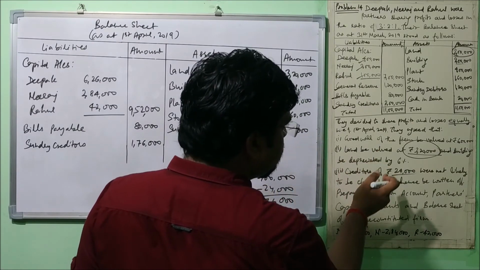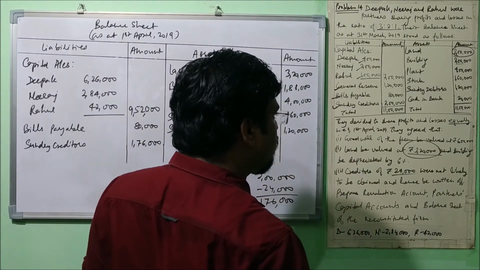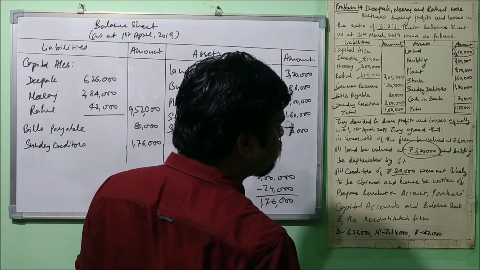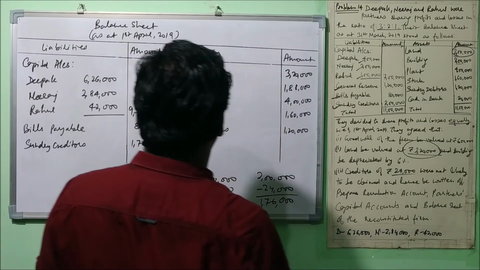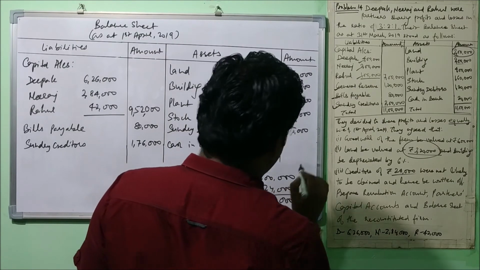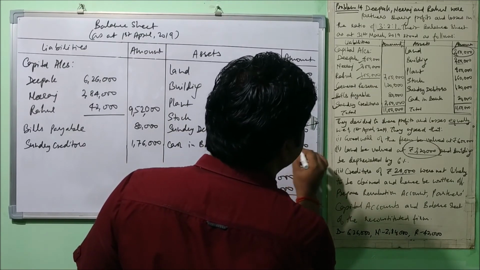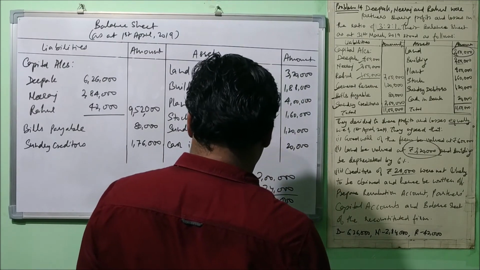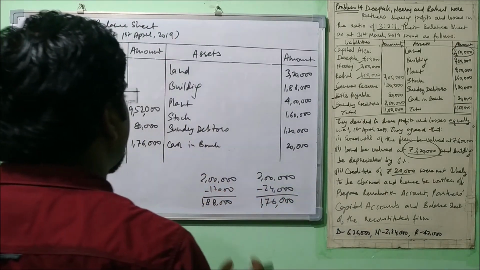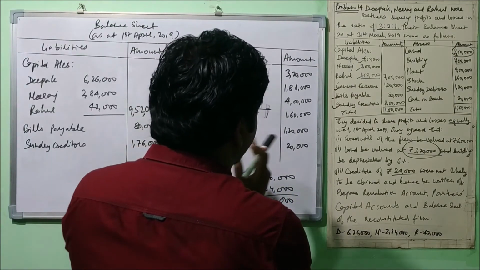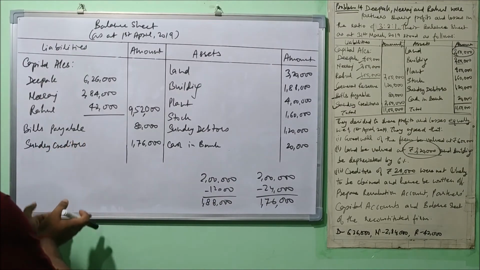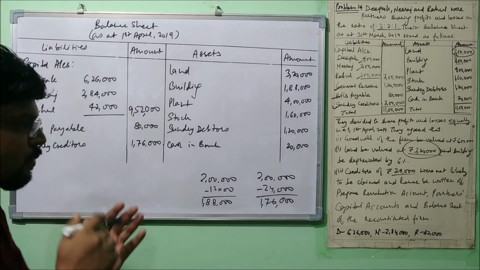If there was any change, we would change the value, but when there is no change, we won't change the value. Understood the point? Okay, cash in bank, no change is there, so that is 20,000. Fine. Now what we'll have to do is just make the total of that. If the total of the asset side is equal to the total of the liability side, it means our question is correct. Let's make the total.